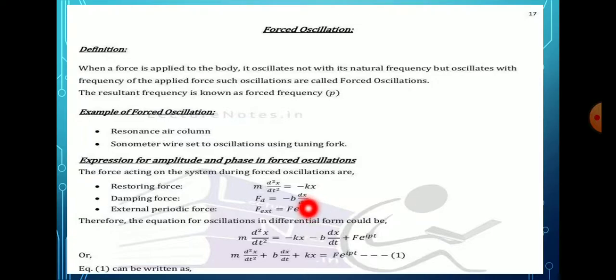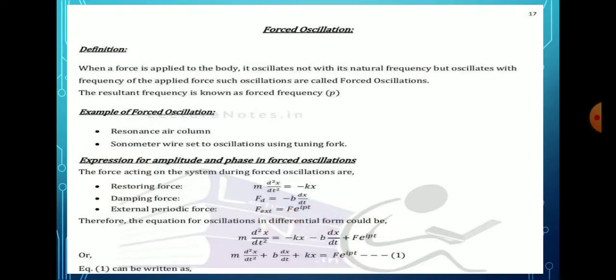If x is the displacement of the body at any instant of time t, the damping force acts in a direction opposite to the momentum of the body. In this equation we get the term r here. Therefore, the equation for oscillation in differential form is m d square x by dt square equal to minus kx minus b dx by dt plus f e raised to i p t.